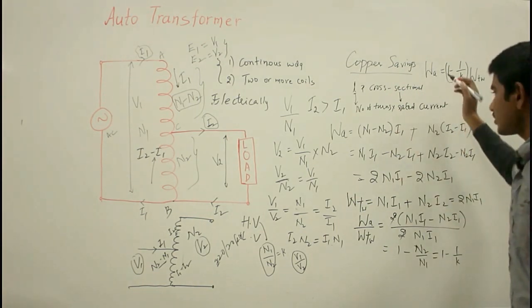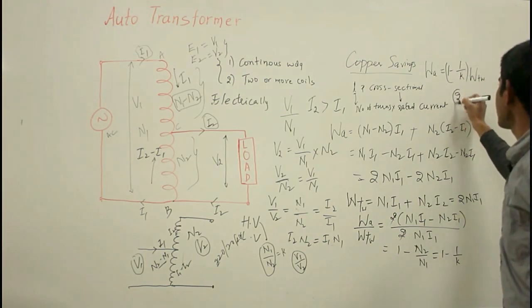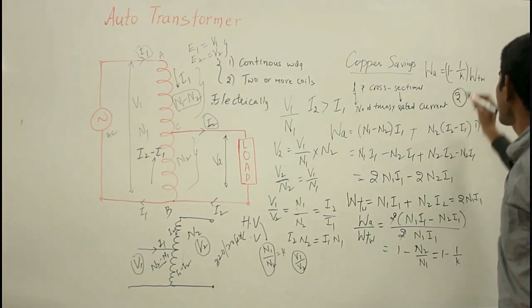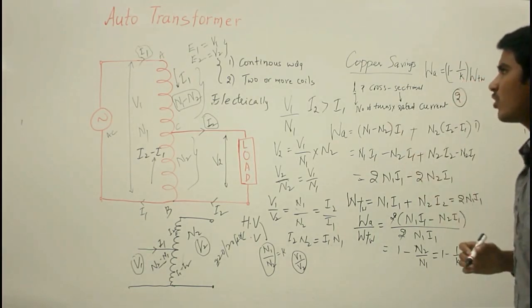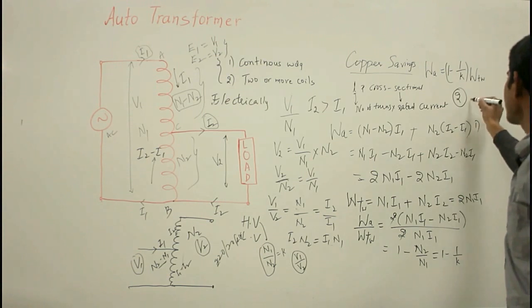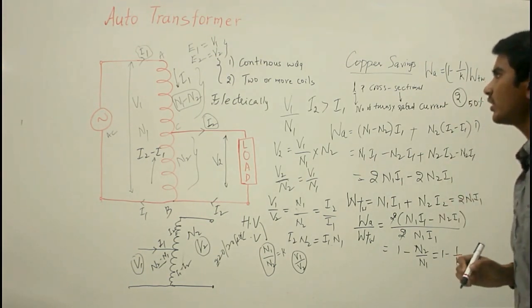So let us say for the transformer ratio 2, if I substitute K is equal to 2, that means the size of the auto transformer would be approximately 50% of the corresponding size of your 2 winding transformer.